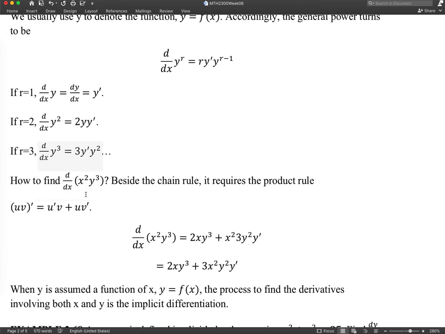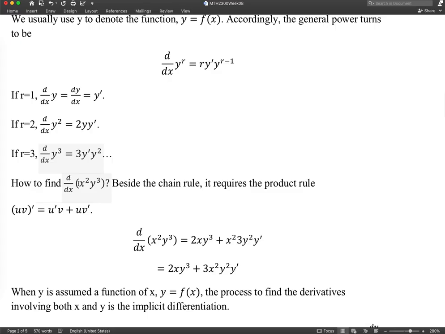And then let's take a look. How do we find this kind of weird thing, the derivative of x squared times y cubed? And still, we have the same assumption: y is implied as a function of x. Okay, so this time I'm seeing pretty clearly the derivative we are calculating is in a product form, right?